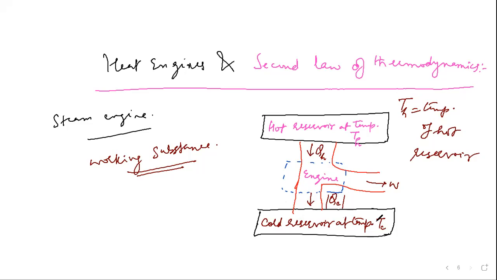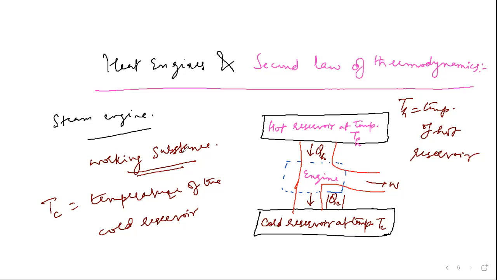That has temperature Tc. So Tc is temperature of the cold reservoir, and this cold reservoir is sometimes called sink. This is called source, hot reservoir. Cold reservoir is called sink.